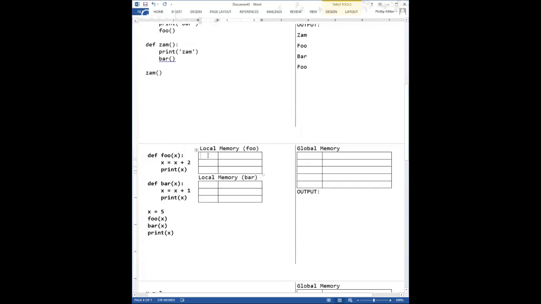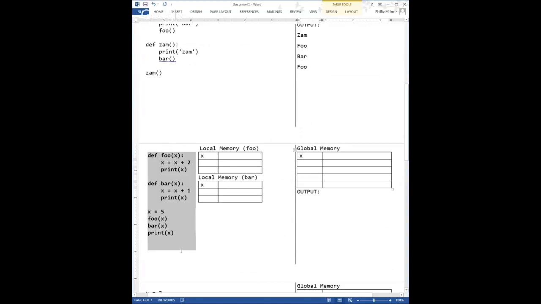So this function has a local variable called x, and this function has a local variable called x. And then in the global scope, we have a variable called x. So when this code runs, we've got 3 different variables called x. They're not all being used at the same time, but potentially.